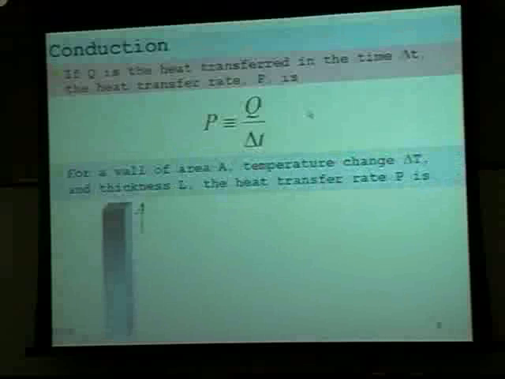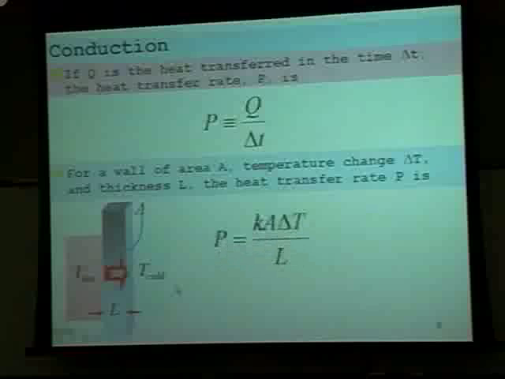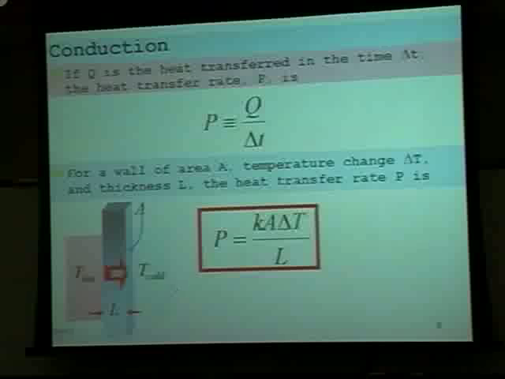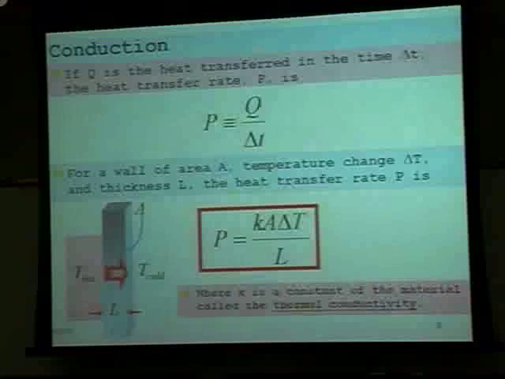If it's a wall of cross-sectional area A, length L, and the temperature difference between one side and the next is hot to cold, then the heat transfer is given by this: power, which is energy per time, is equal to k A delta T over L, where k is the thermal conductivity of the material, A is the cross-sectional area, delta T is the change in temperature between one side and the next, and L is the length of the substance that you go through. k is an intrinsic constant of the material called the thermal conductivity.